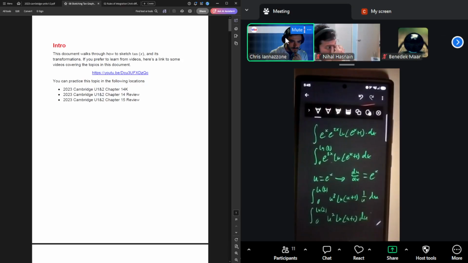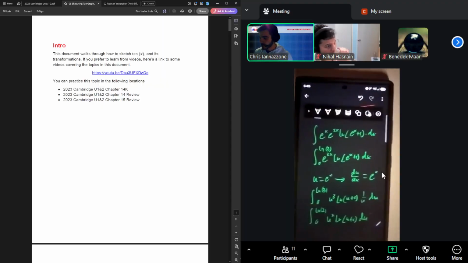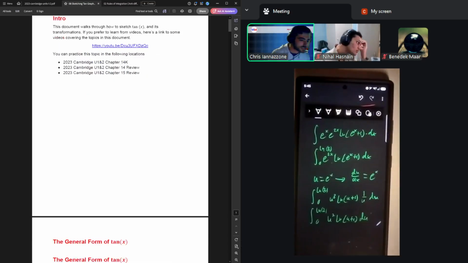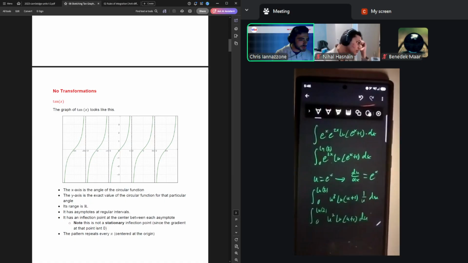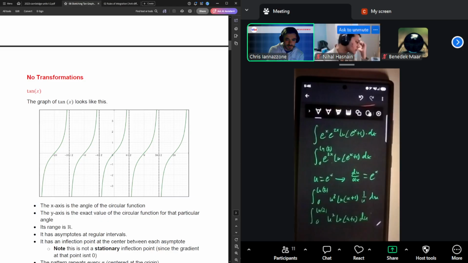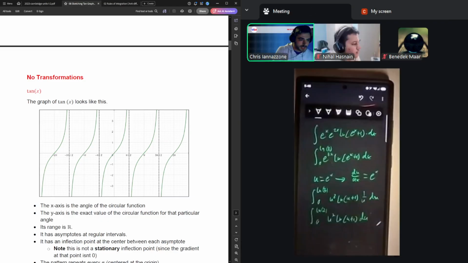So, tan graphs. Again, as I said in the beginning, we were looking at sine and cos and sketching of those. Tan is oddly enough quite different to the others. The reason why is because tan is the division between sine and cos. That is what it is by definition. And whenever you have division between functions, you have the possibility of your denominator going to 0, which is expressed graphically by vertical asymptotes.